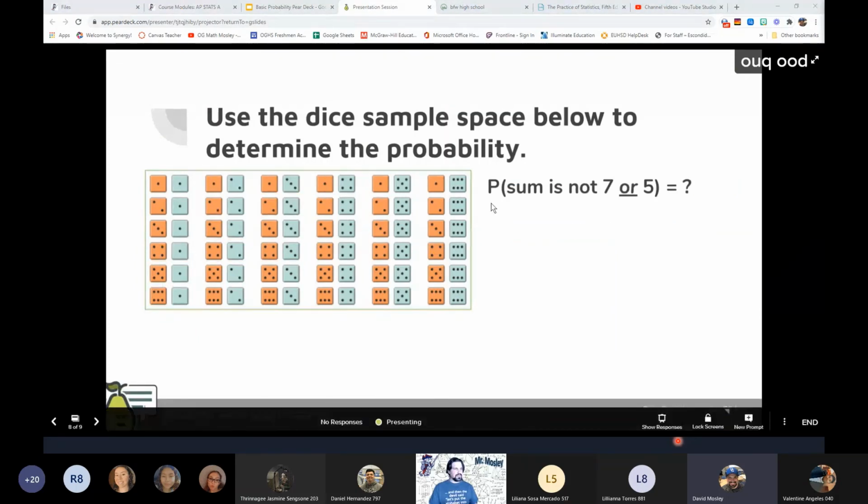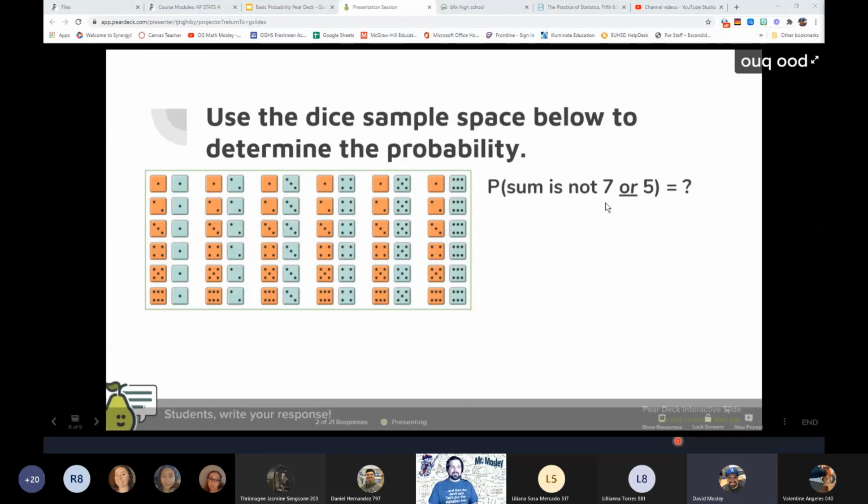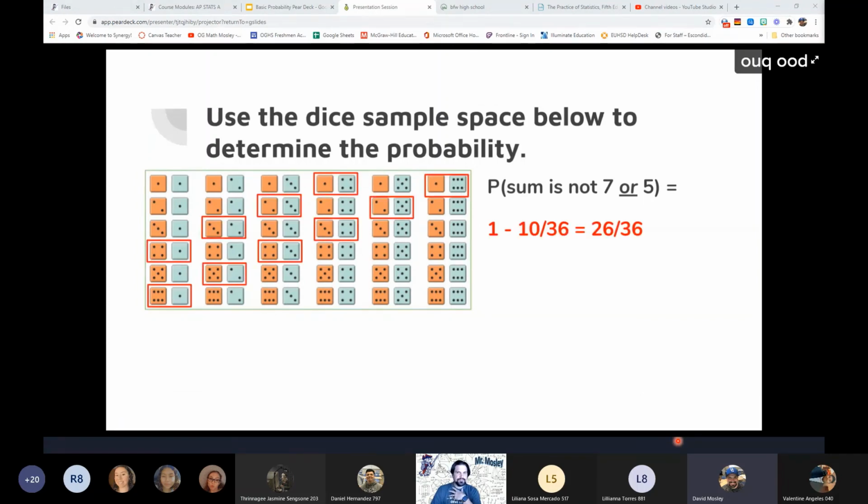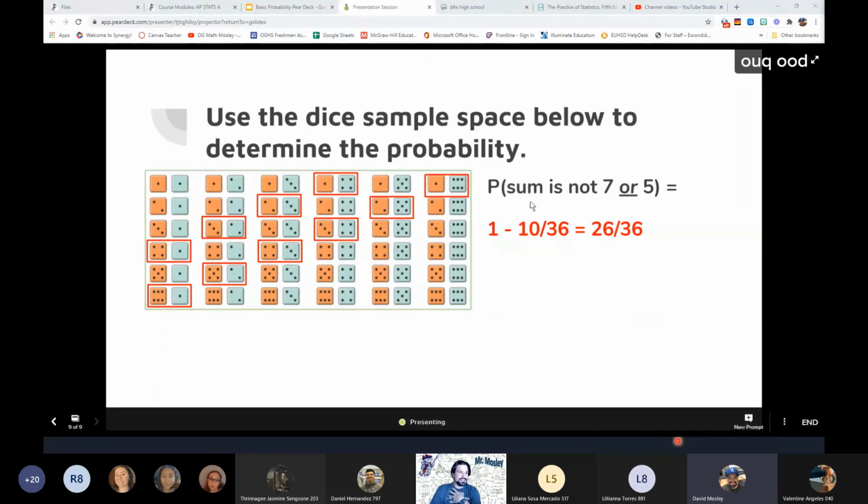Right here, what is the probability that the sum is not 7 or 5? So I'm looking for the complement of the probability that the sum is 7 or 5. Let's look at the answer. So the probability that the sum is not 7 or 5 is the complement to the sum being 7 or 5.